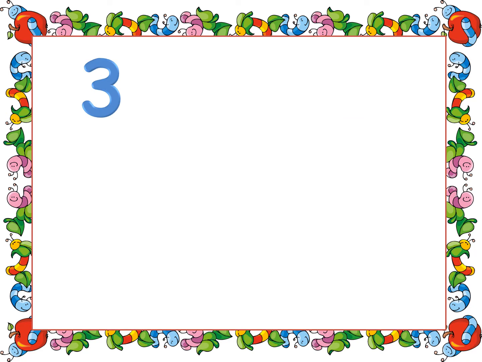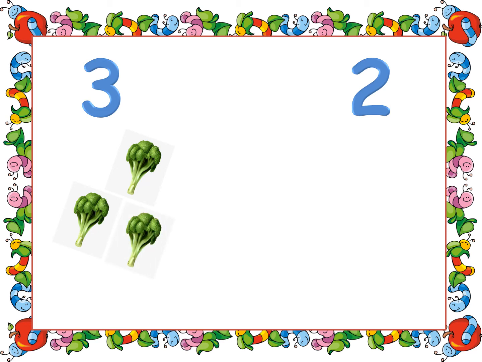We have the number 3 and number 2. Which number is greater than? Is it 3 or 2? Alright, let's draw objects. 1, 2, 3. Very good. 3 broccoli and 1, 2, 2 slices of pizza.